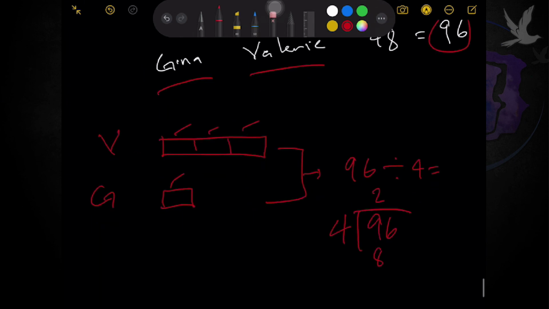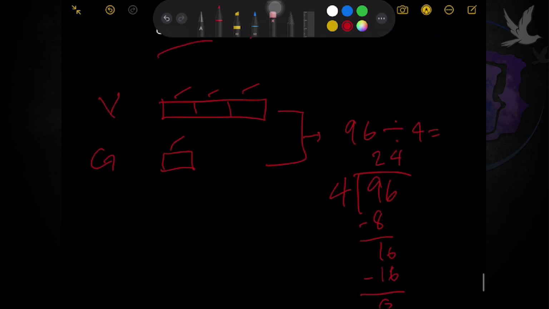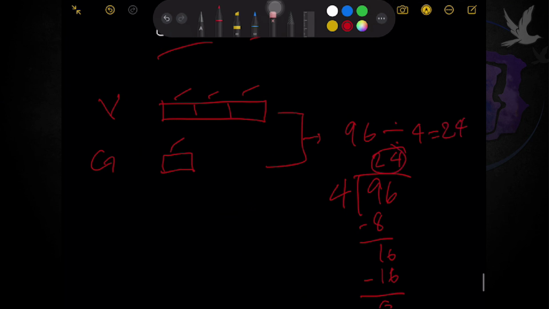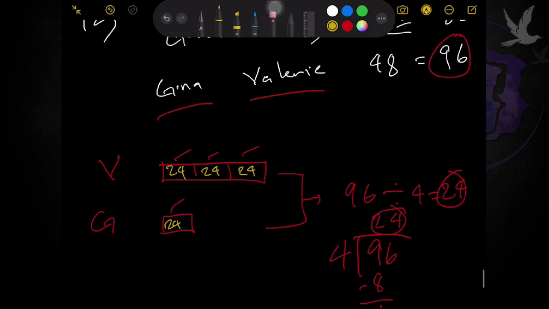That's 24. Not yet our total answer, just the value in each unit. So, ibig sabihin that Gina has 24 and Valerie has 24 times 3.